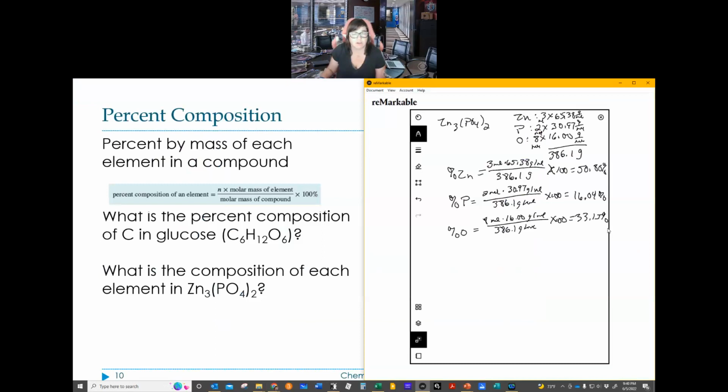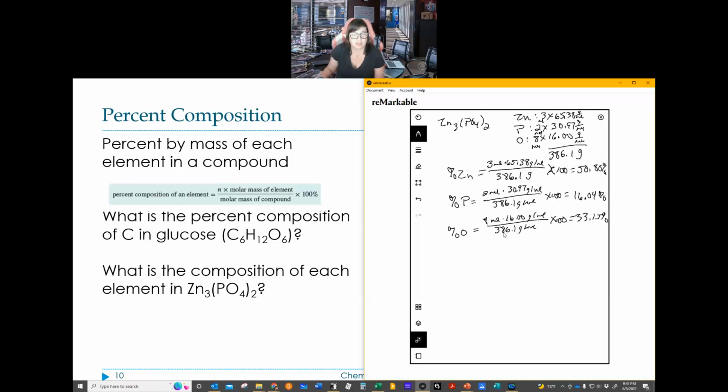Oh, and here's all that math that goes with that. I'm so sorry. So percent zinc is 3 times 65.38 divided by the total times 100. That's 50.80. Percent phosphorus, 2 times 30.97 divided by the 386.1, which should actually be the 0.08, times 100 is 16.04.